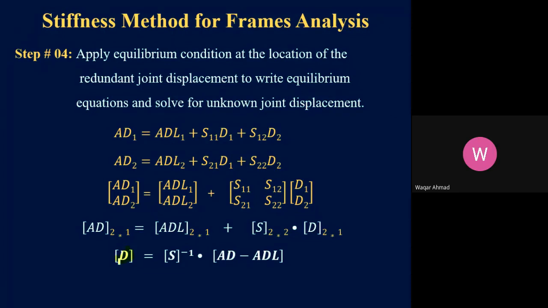We have to find out the values of the elements of this matrix. This is the stiffness matrix, which we just obtained. This AD matrix we obtained very initially, and AD1 and AD2, both values were 0. And the ADL matrix we have already obtained in step number 2, where we applied the external load.